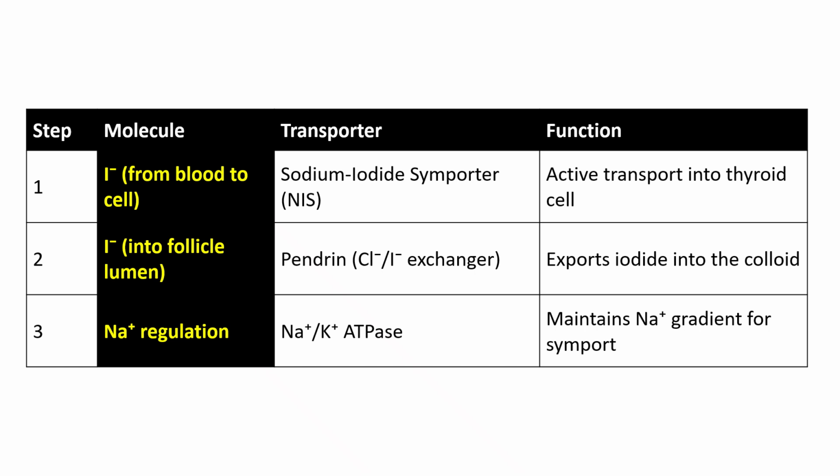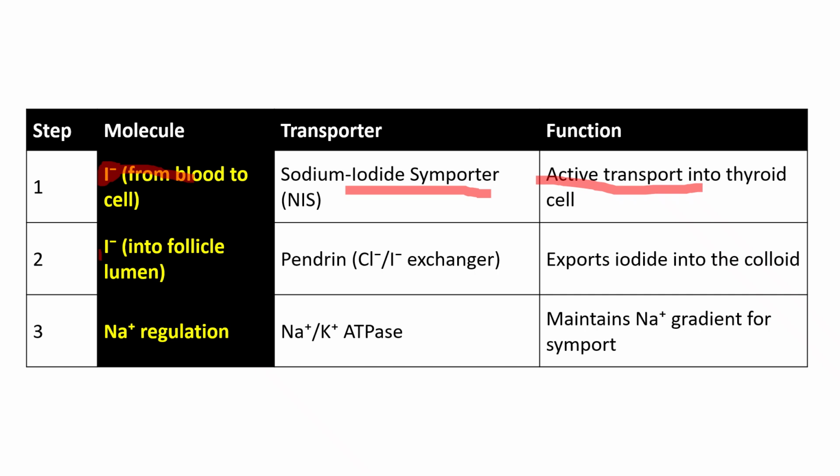So there are three important steps in the iodide ion trapping. First is the iodide from the blood to the cell, and the sodium iodide symporter is responsible for this function, and it is actively transported into the thyroid cell.